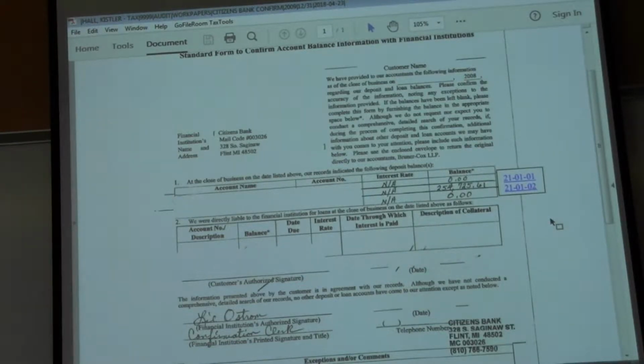And notice, we've talked about this too, that you're not only confirming the bank deposit accounts, but any loan accounts in number 2. They've blocked out name and account numbers on there. You would also see account numbers listed, whether you fill them in or have the bank fill them in. But you're killing two birds with one stone, confirming the bank balances and debt held at that bank as well.